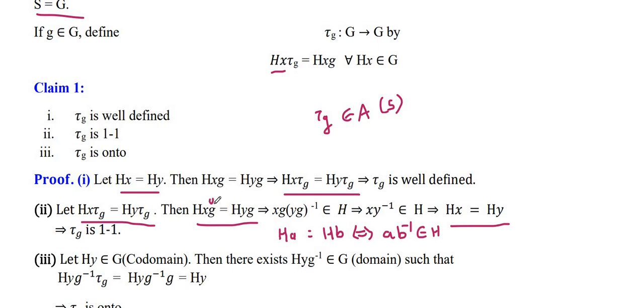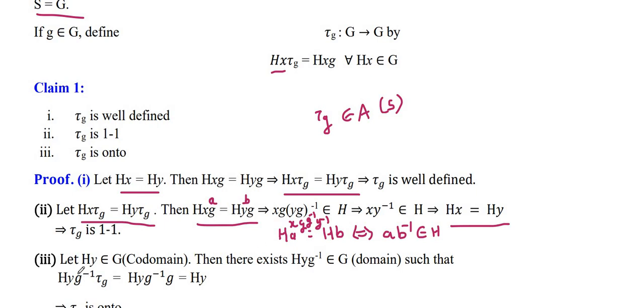So this is a say and this is b say, so that you will have ab inverse as xg(yg) inverse. And this (ab) whole inverse is b inverse a inverse. So this will be g inverse y inverse, and already you have xg here. So this in turn gives us xy inverse belonging to H. But again, make use of the same result to conclude that this is Hx equal to Hy. So tau_g is 1 to 1. Images equal should imply pre-images equal for tau_g to be 1 to 1.